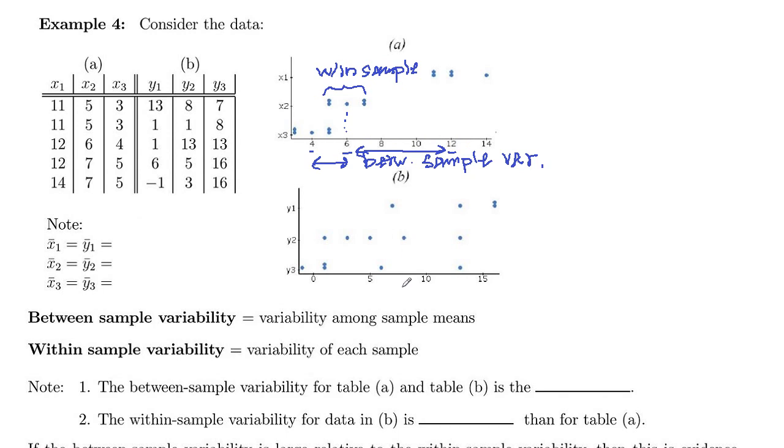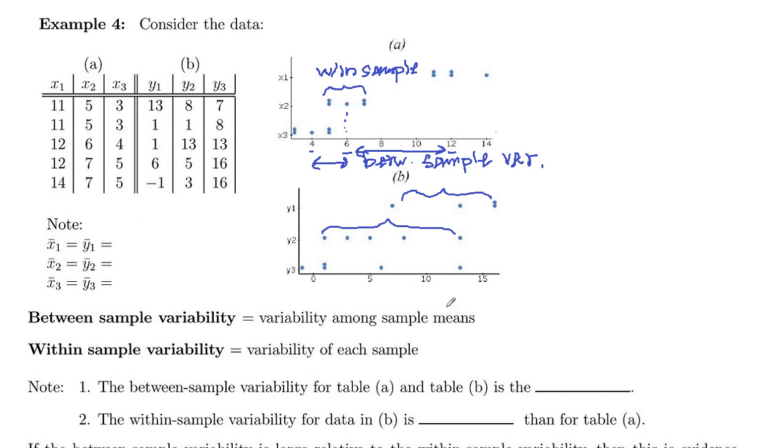Now, in the Y data here, so here Y1, Y2, and Y3, so here's our Y2, and we see we've got quite a bit here of within sample variability in the B data sets compared to the A, and then quite a bit more here within sample variability, and the same down below.